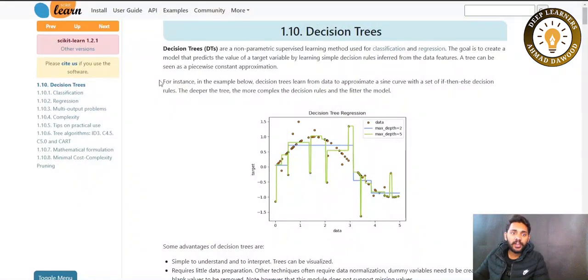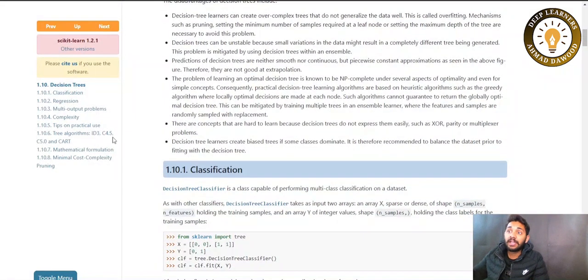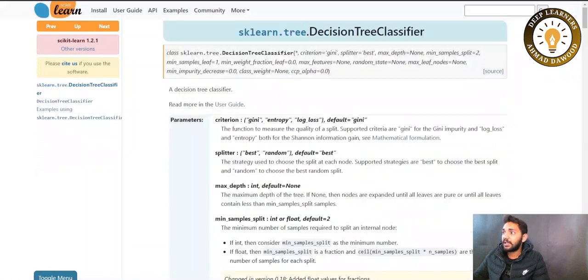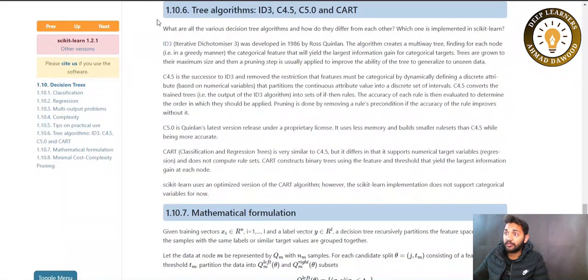This is the documentation provided by scikit-learn, in which it tells you all about the decision tree classifier and regressor, their advantages, disadvantages, and how scikit-learn has implemented the decision tree in its class sklearn.tree.DecisionTreeClassifier. I got the information that I am sharing with you, ID3, C4.5, C5.0, CART, from this documentation, and you can read that documentation along with these lectures. You will get a better idea how scikit-learn follows the way.